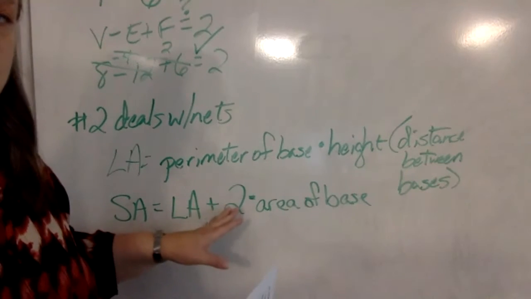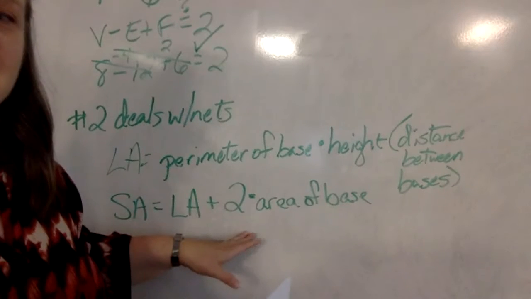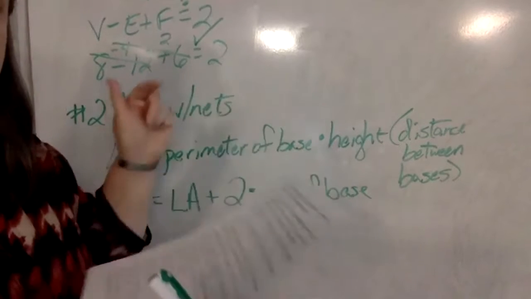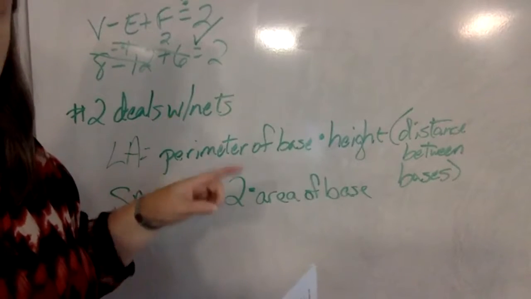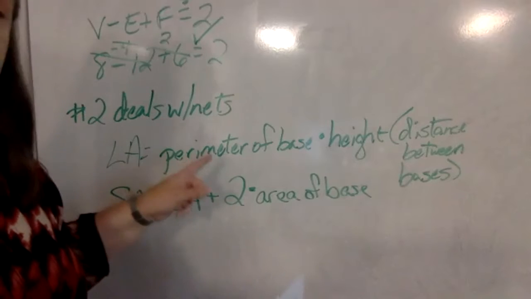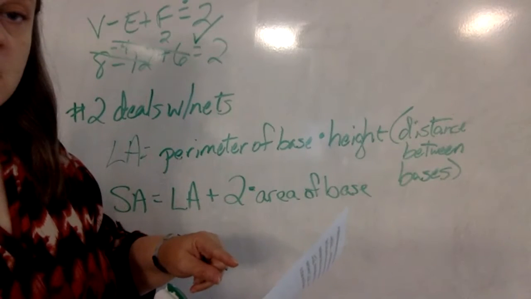Cubic? No, trick question. Area is measured in square units. Volume is measured in cubic units.